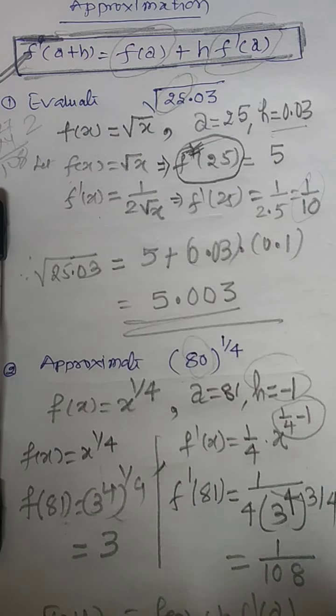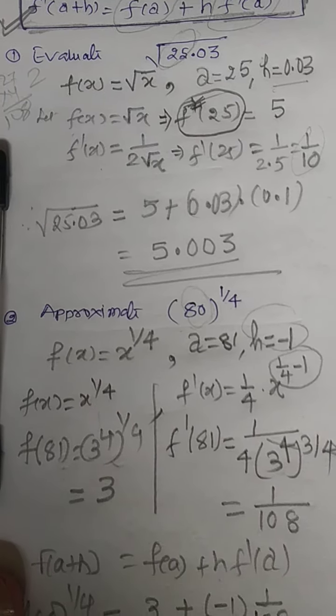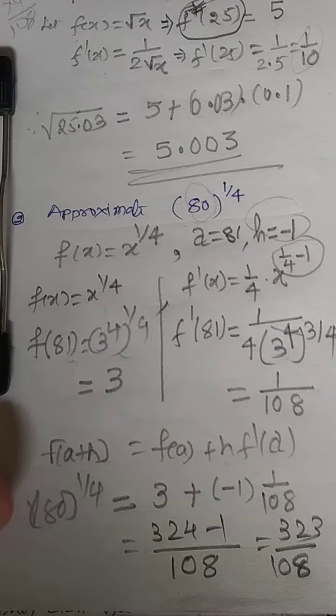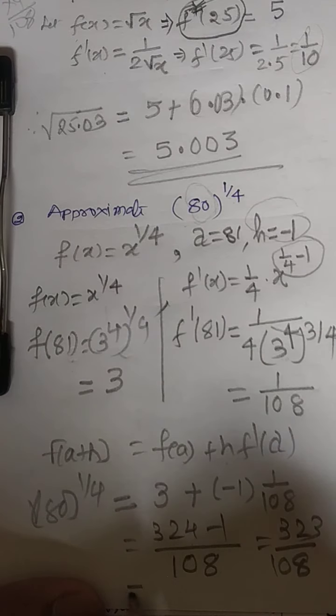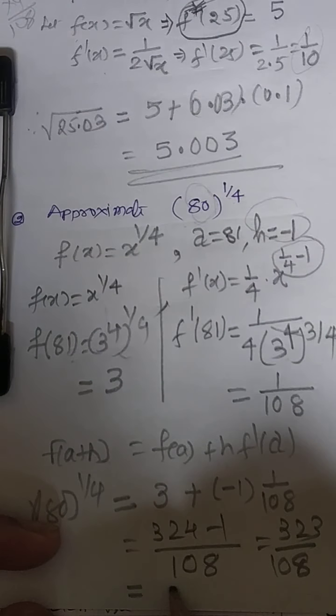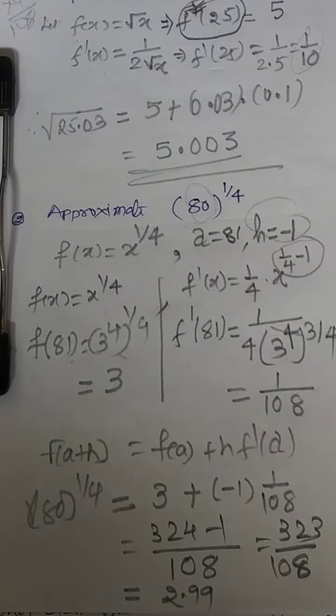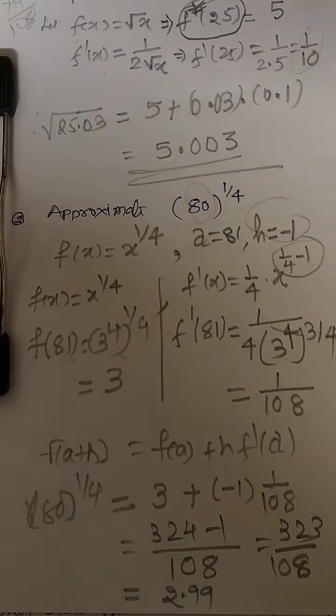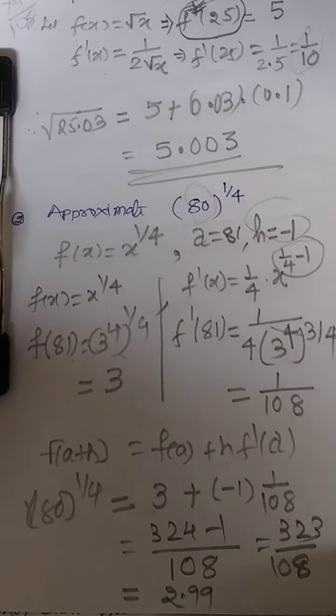Now taking LCM, it will be 108 over here, it will be 324 minus 1, it will be 323 divided by 108. Just try to find out this value, that is nothing but the answer. So you will get approximately 2.9999. Okay. So in this way you can get the answer for any question.